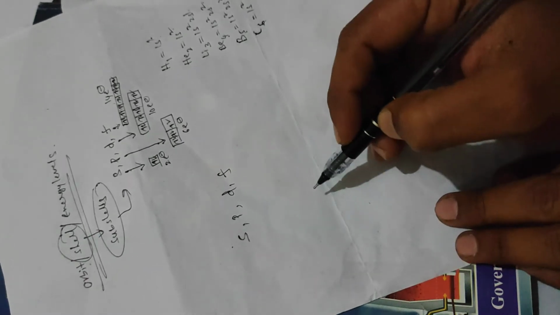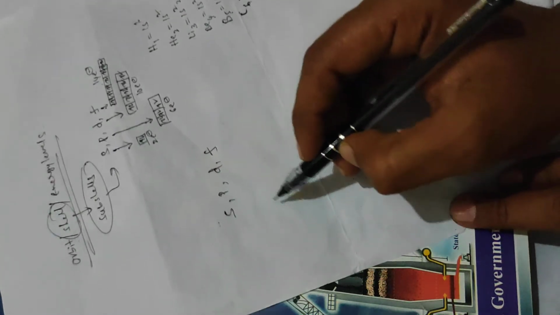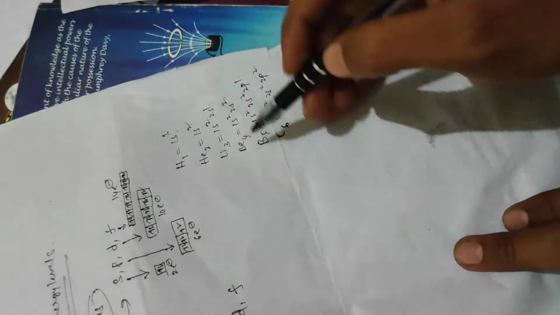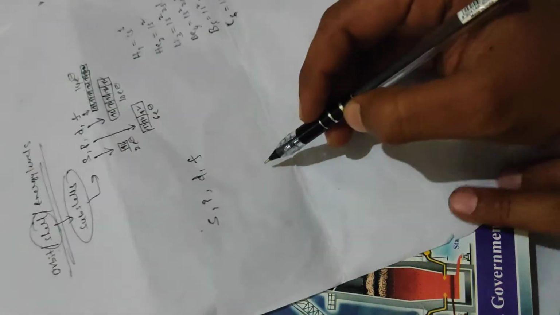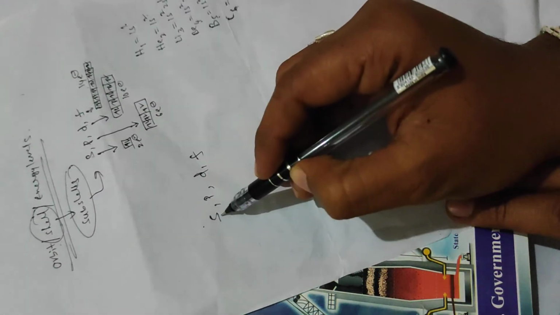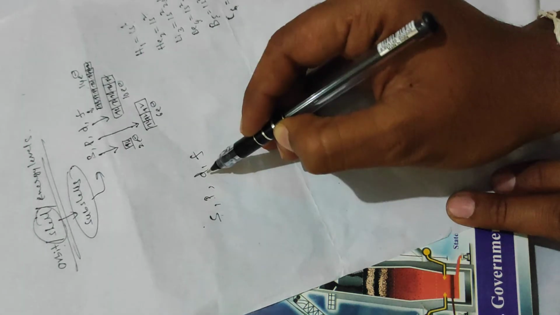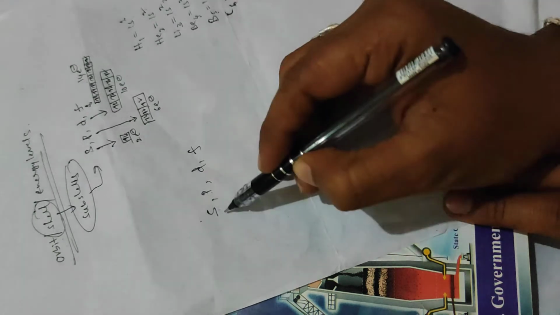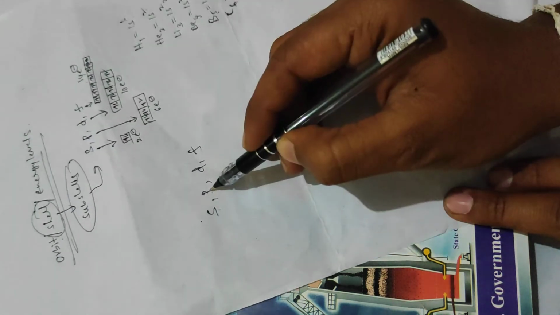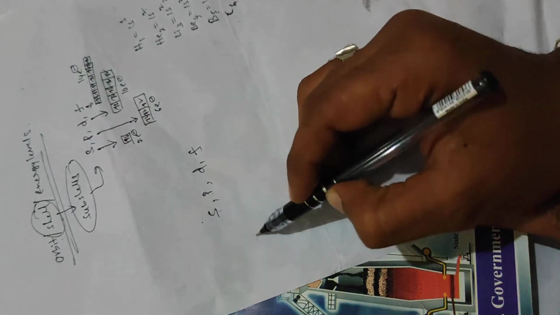So here I will explain one trick. It is very useful. Don't write all these things, just write simply s orbital, p orbital, d and f. So write down f, s is 2 times: fs, fs, like this.